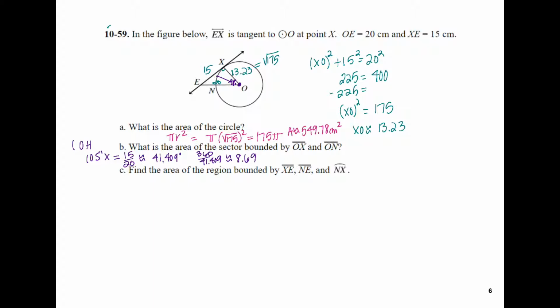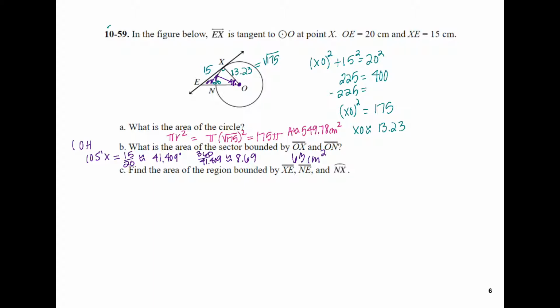So if I take the area of my circle, 549.78, and divide that by 8.69 pieces, which is about 63 centimeters squared. So then they want us to find the region here bounded by EX, EN, and arc NX.